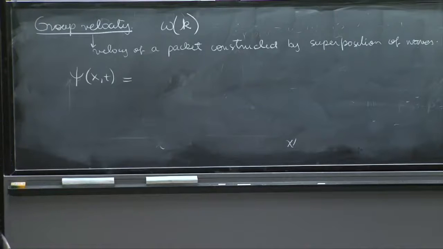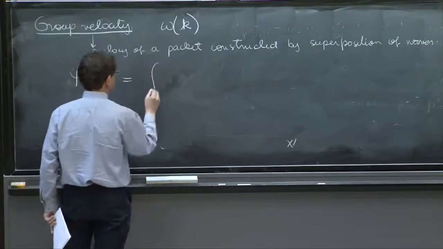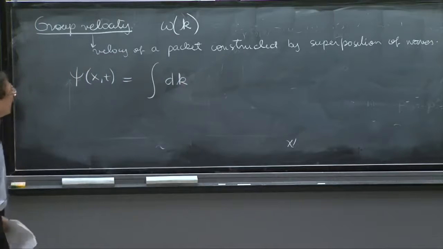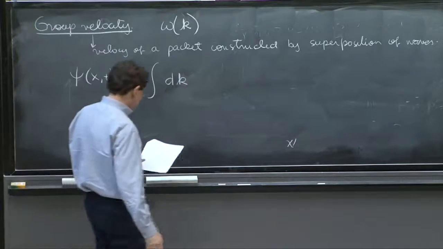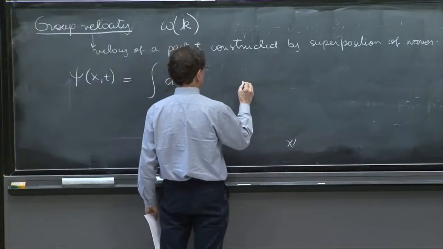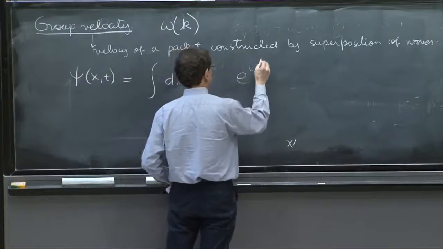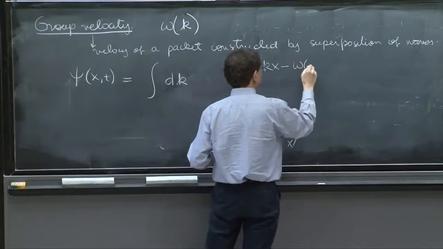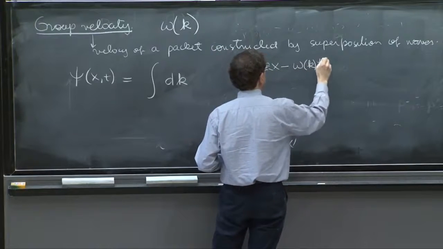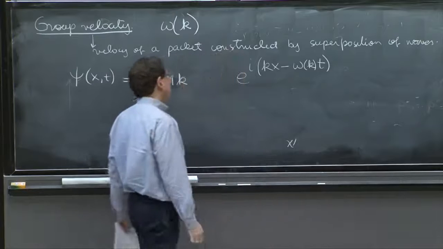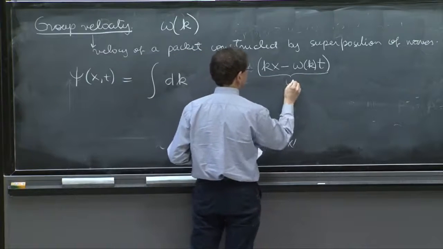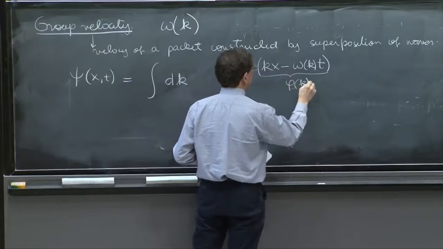And superposition means integrals, summing over waves of different values of k. Each wave, I will construct in a simple way with exponentials, e to the i(kx minus omega of k t). And this whole thing I will call the phase of the wave.